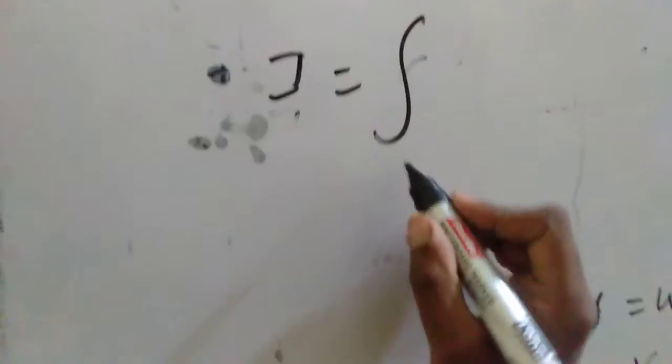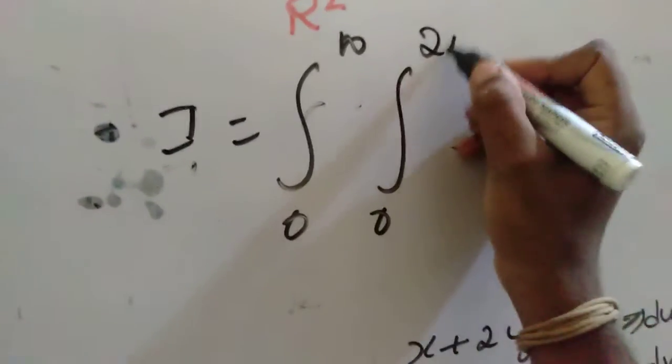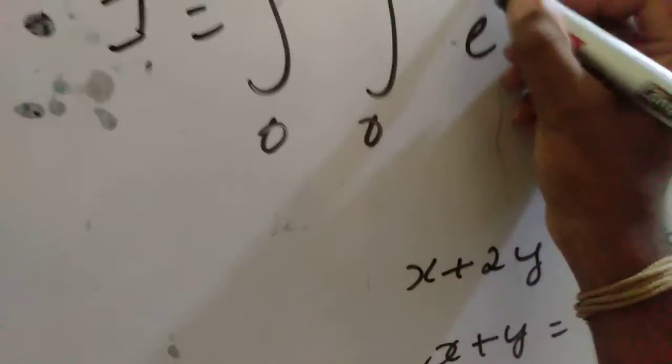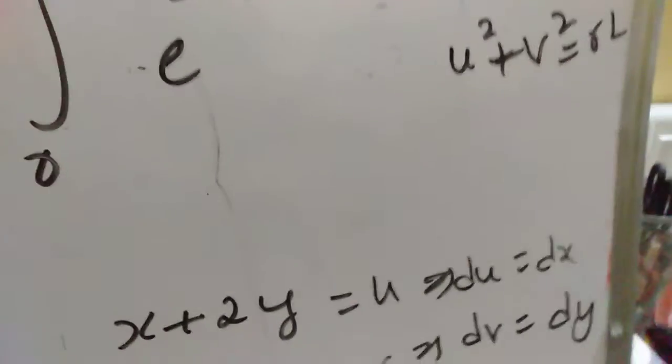Then the limits become 0 to infinity and 0 to 2 pi, e^(-r^2), because u^2 + v^2 is equal to r^2.